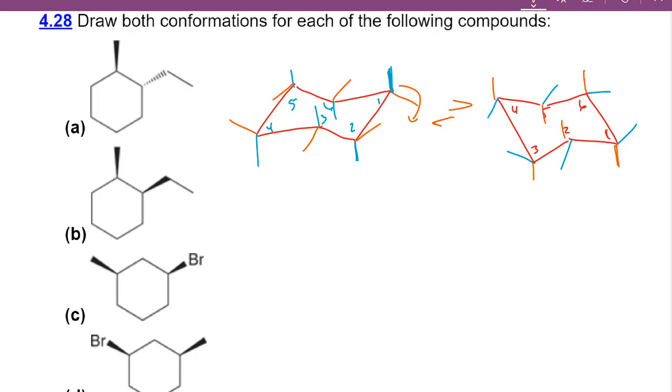Now, if we number this ring on A, 1, 2, 3, 4, 5, 6, and we put our methyl group at carbon 1, which is axial up, then on carbon 2 we have an ethyl group on the opposite side of the ring, so that's going to be axial down. Everything else is going to be hydrogens, so let's fill those in.